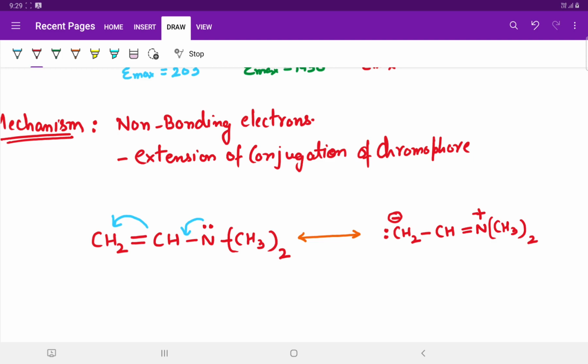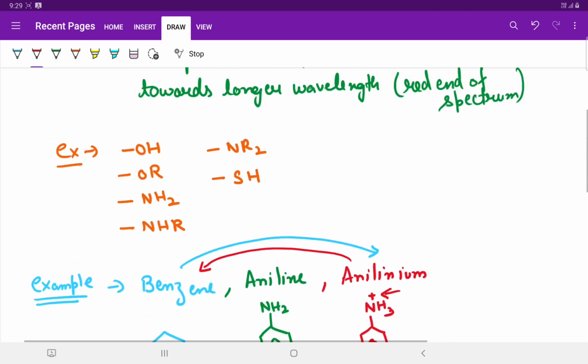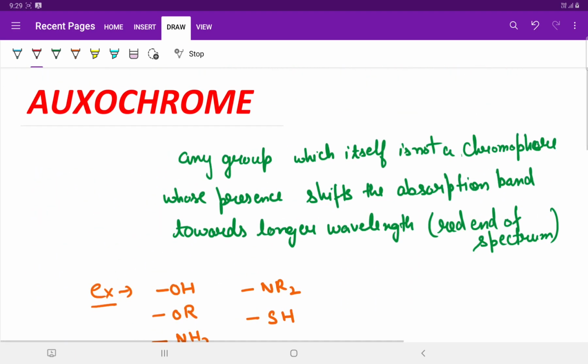Thus this leads to shift in the value of lambda max towards the longer wavelength. So students, I hope now the auxochromes and their effect are clear to you now.